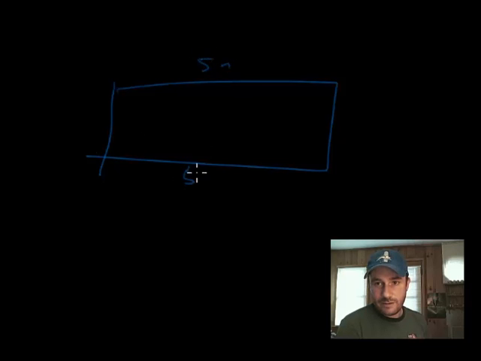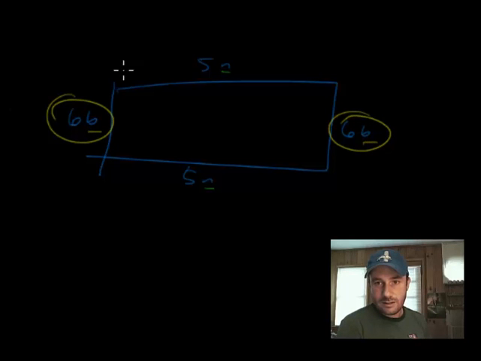We had a rectangle, 5n, 6b, and 6b. If we look at the terms, we have n there, and a b here and a b here. So the like terms match up in terms of those values.